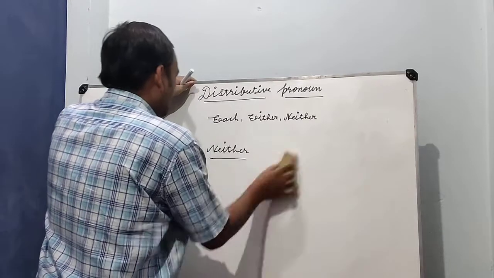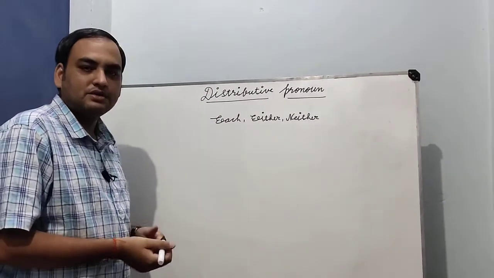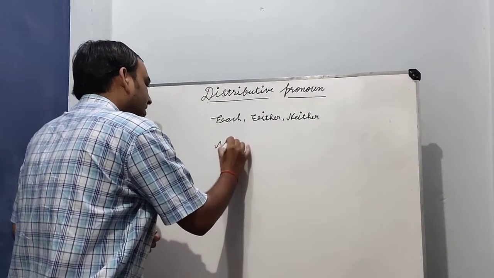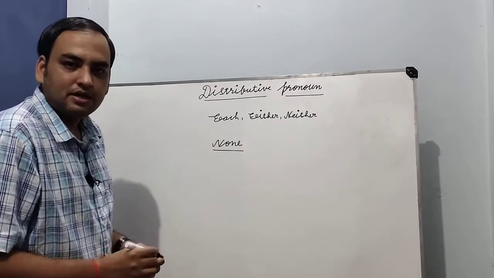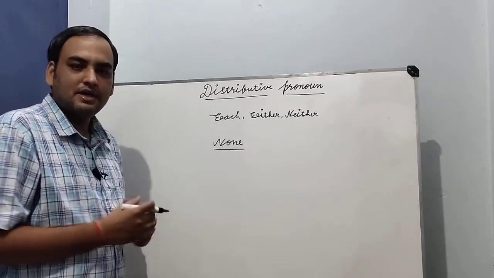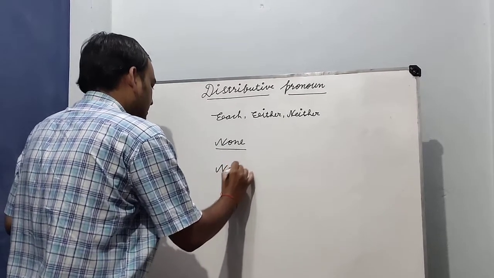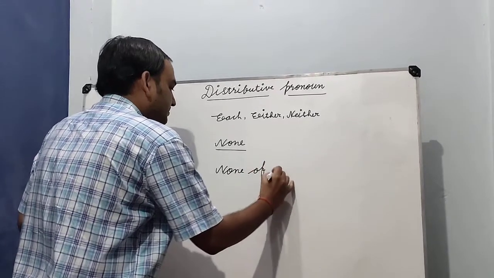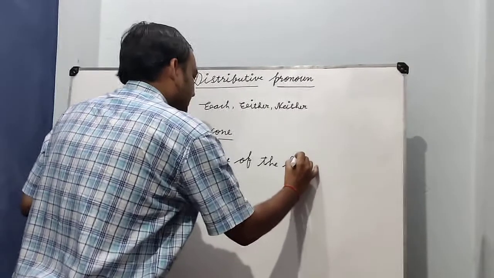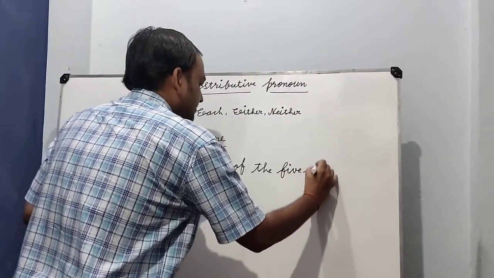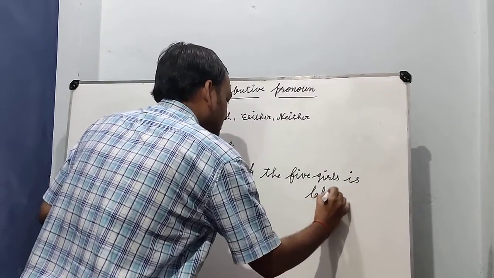Okay guys, so we have discussed here about 2 things. If the things are more than 2, then we will use none, or it is called no one. It will be used for things more than 2. None of the 5 girls is laborious.